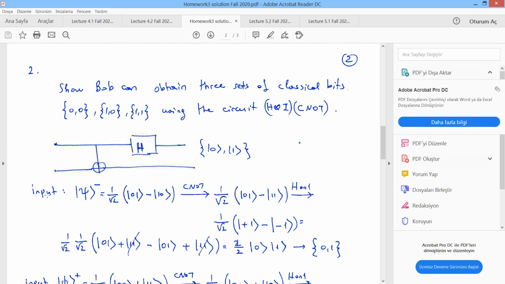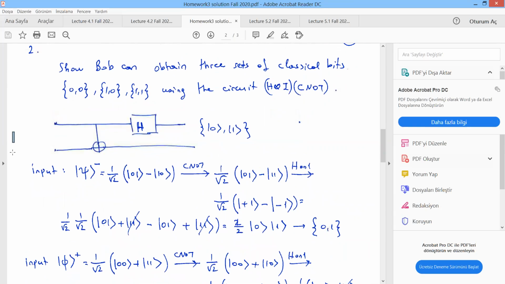In the class, we had seen one of the cases, of Bell states, but now we go over the 3 other cases. If the input is ket psi minus, this is the ket psi minus state, 1 over square root of 2 times (ket 01 minus ket 10).